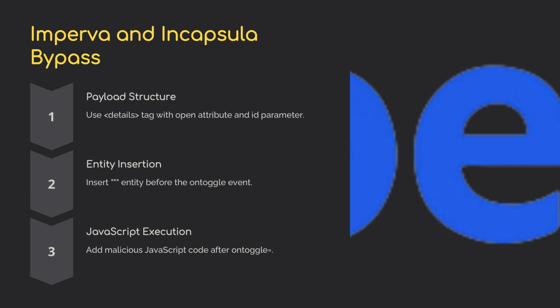Furthermore, we can insert an entity before the on-toggle event, a strategic move that aids in bypassing WAF defenses by altering the expected structure of the payload. Lastly, executing JavaScript adds another layer, allowing the potential for further exploitation through malicious code positioned after the on-toggle event. Understanding these nuances enhances our capability to assess and test WAF limitations responsibly.